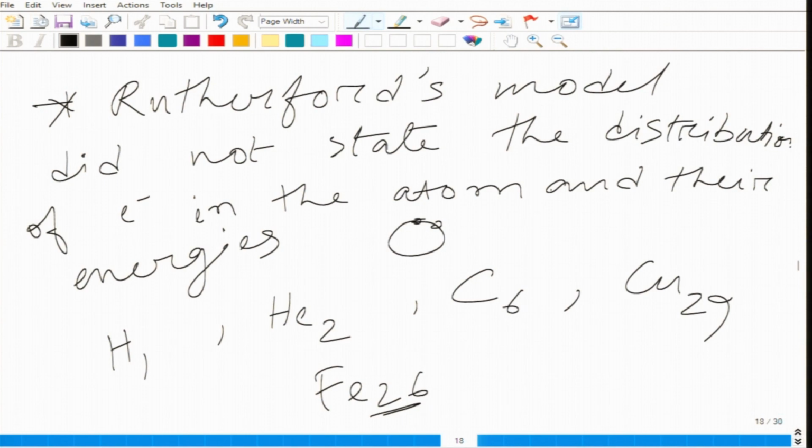Next we will study what the developments were after Rutherford's model. On these drawbacks of Rutherford's model, later on Niels Bohr proposed a different type of structure. It was not entirely a different type of structure. He modified Rutherford's model.